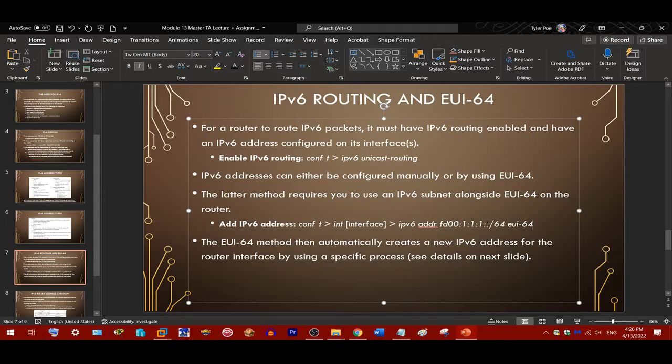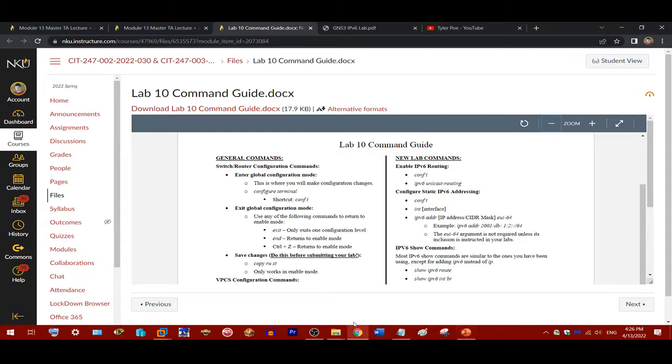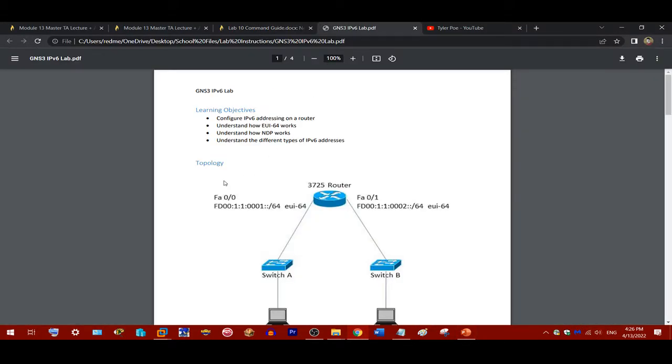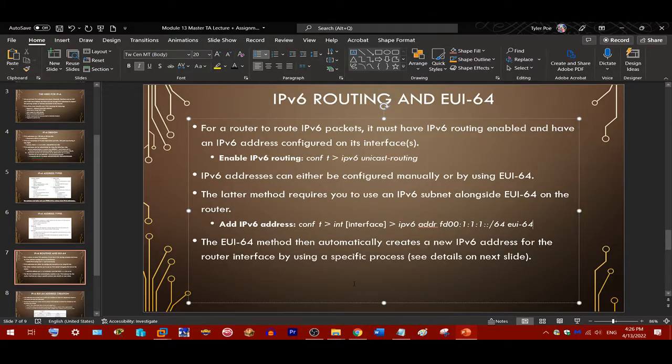Now, the /64 mask is typically what we use in networks for IPv6, so you don't have to worry too much about subnetting. At least not until you get to CIT 447, which even there is not that complicated. But anyway, if you look at your lab documents, you already have this subnet here. You'll need to use this in your commands on the router. Also, be sure to include the EUI-64 keyword in this command.